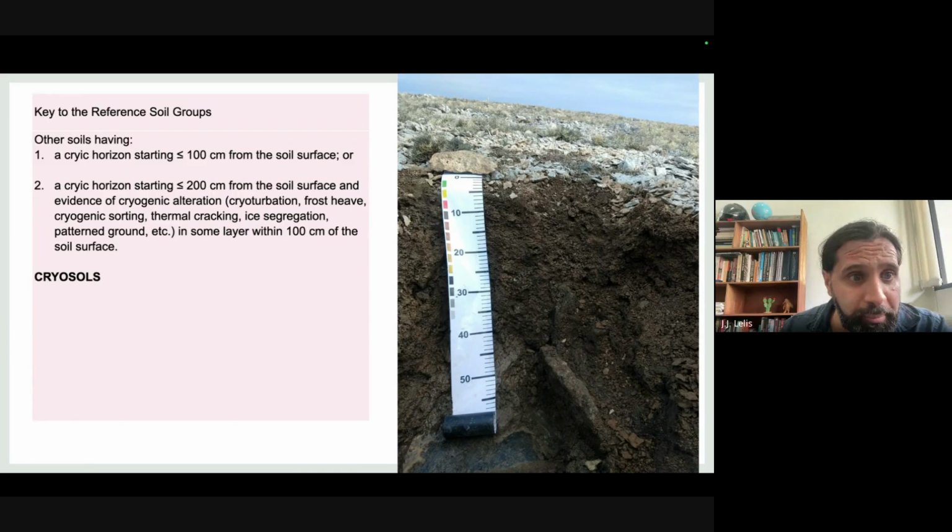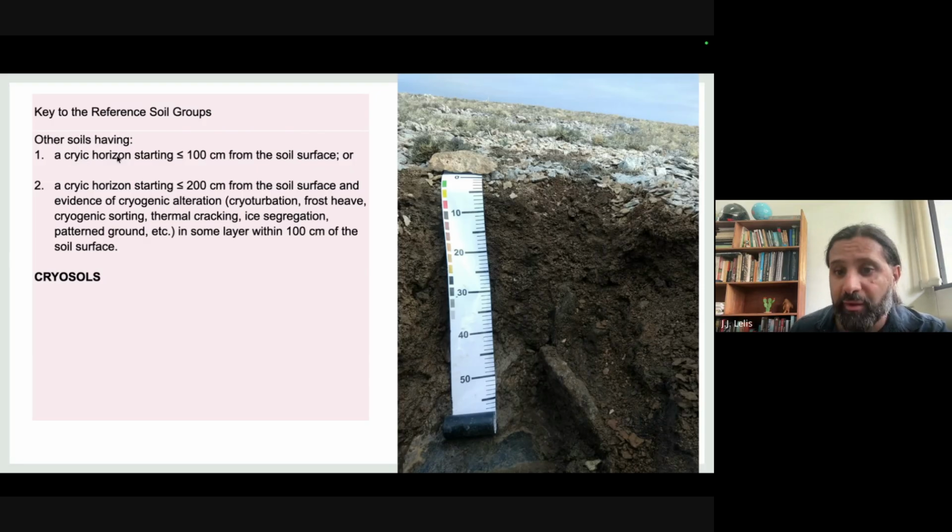So another option, now starting with those soils that will have a layer or horizon that avoids or at least limits root growing. So let's see those soils that are not histosols, are not anthrosols, are not technosols, and have a cryic horizon in the first 100 centimeters below the soil surface. Oh, I don't remember what a cryic horizon is.